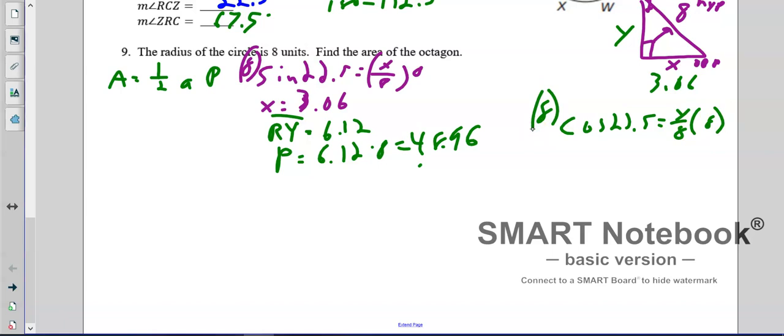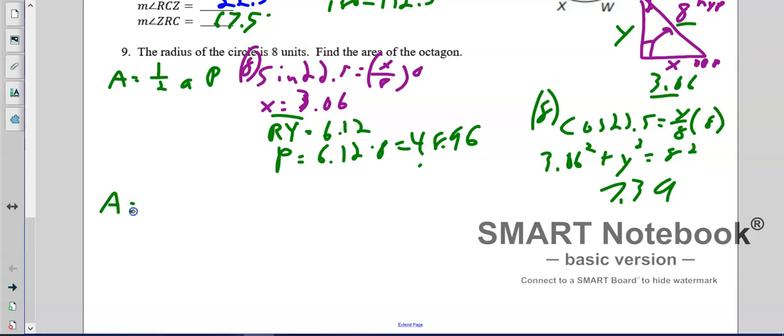Or we could say 3.06 squared plus b squared, or y squared, whatever, equals 8 squared. We could use the Pythagorean theorem because we have a right triangle, we have one leg, and we have the hypotenuse. Either way, you're going to get 7.39. That's the apothem. So, back to the original formula.